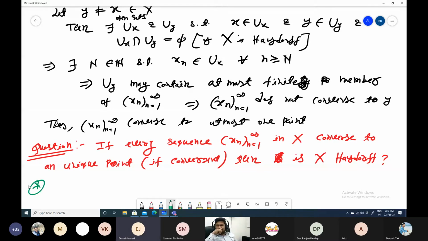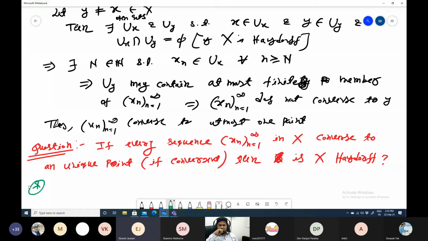Sir, I think this is not true. Okay, can you give a counter example? Sir, if we take the co-countable topology on say R, then it is not Hausdorff, but whatever sequences converge, they are eventually constant. So either the sequences do not converge at all, or if they do, then they are eventually constant.